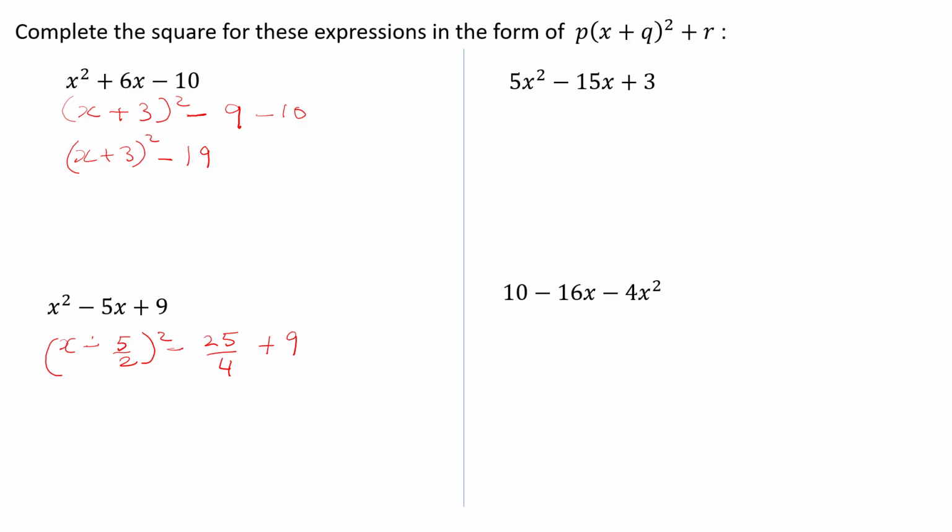Now you can simplify this one. x minus 5 over 2 squared minus 25 divided by 4, which is 6 and a quarter, plus 9. You can use the calculator. So x minus 5 over 2 squared. 9 take away 6, 3. Then 3 take away a quarter, then 2 and 3 quarters.